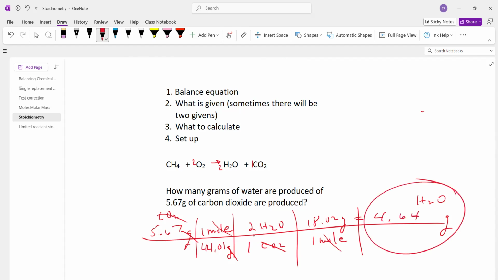Okay, 3 sig figs, 4 sig figs, infinite, 4 sig figs, answer 3 sig figs.